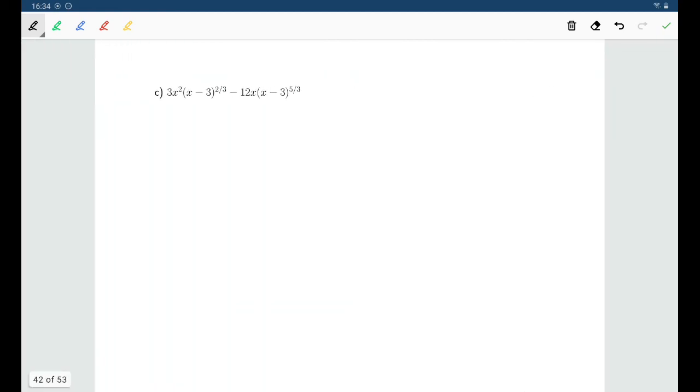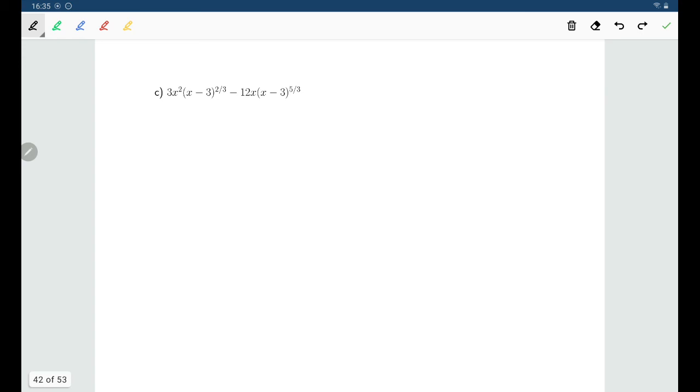Let's do one more here. So here there's a mix of some factoring that can happen. I can take out some common factors, easy ones. 3 and 12, they have things in common. x squared and x, they have things in common. And for the other factors, x minus 3 to the 2/3 and to the 5/3, there's some things in common there.